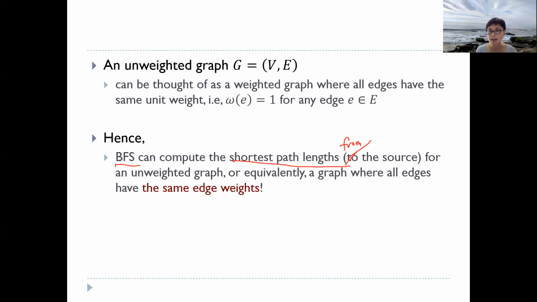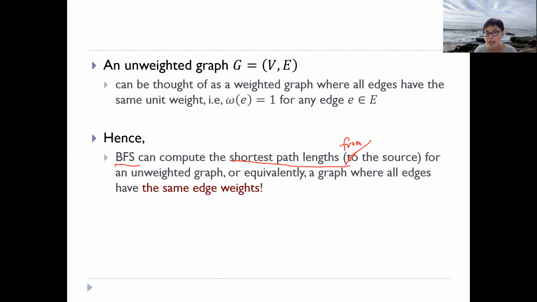But you can extend this to where the edges don't have to have weight 1. They can all have weight 10 or any other weight, as long as all the edges have the same edge weights. Then the shortest path between two nodes is basically equivalent to the length of the path measured by the number of edges inside.